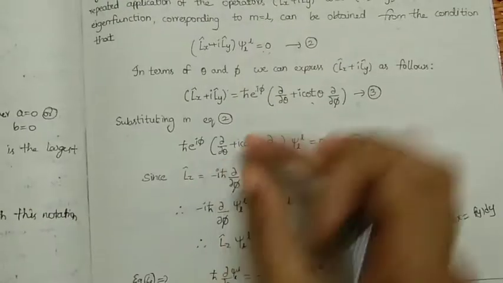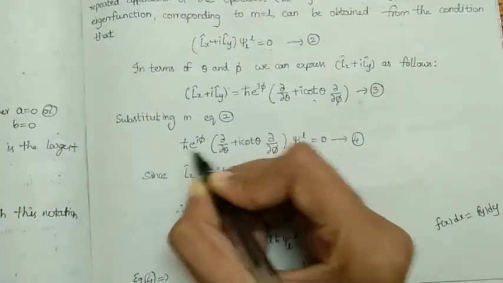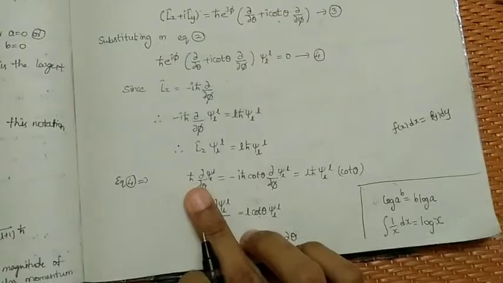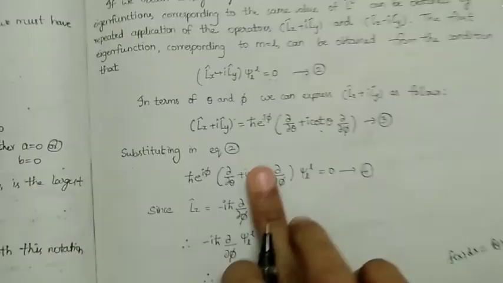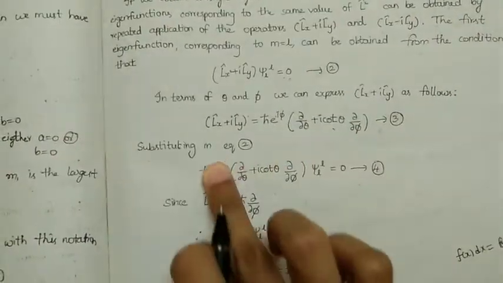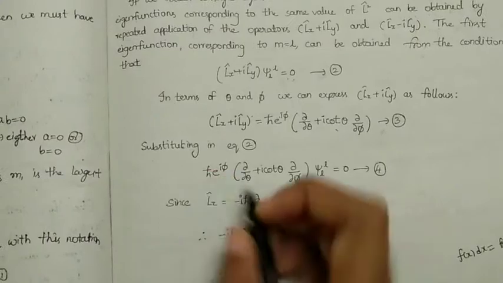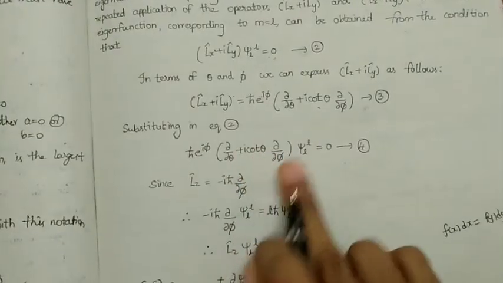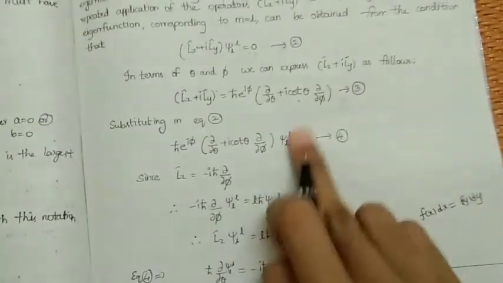Next, what would remain is ħ ∂/∂θ ξ_L. So that has to be kept aside, and we need to send this term to that side. So ħ into iħ cot θ ∂/∂φ ξ_L.